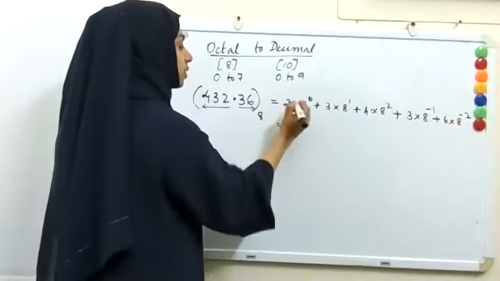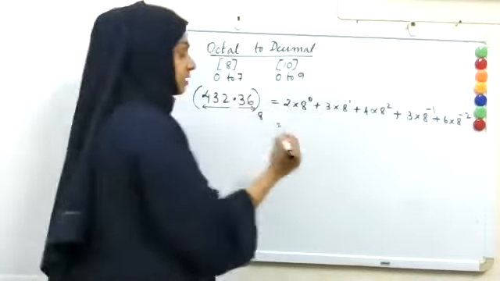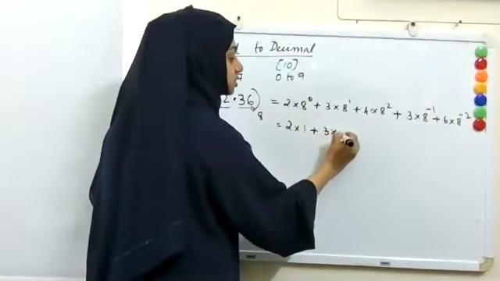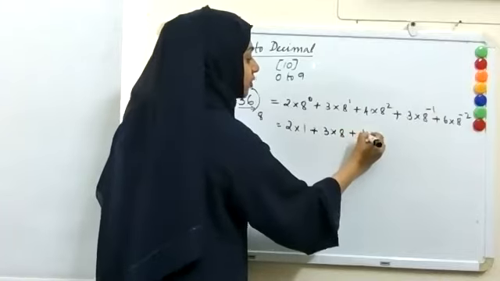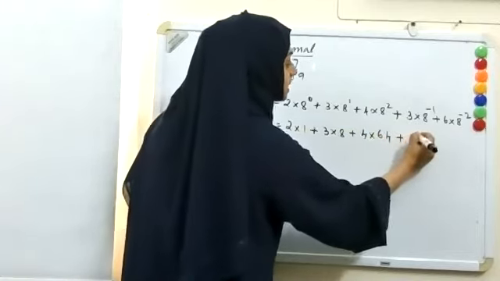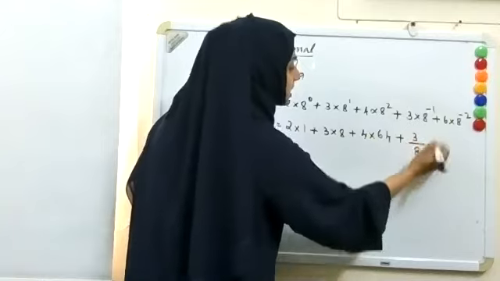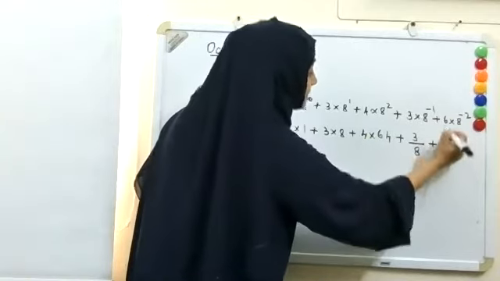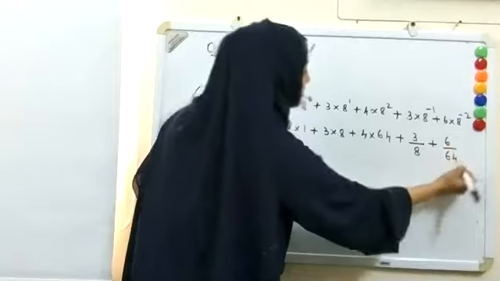So this is equal to, 8 raised to 0 is 1, so 2 times 1 plus 3 times 8 plus 4 times 8 squared, which is 64, plus 3 divided by 8, because raised to minus 1, plus 6 divided by 8 squared, which is 64.